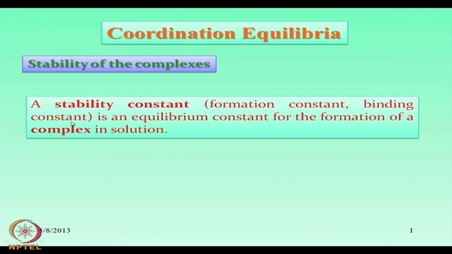So, when we are talking about the metal and the ligand system, we will be talking about the corresponding binding of the metal ion with that of the ligand. So, it is therefore an equilibrium constant for the formation of the complex in solution. So, how quickly do we get the corresponding complex species in the solution?